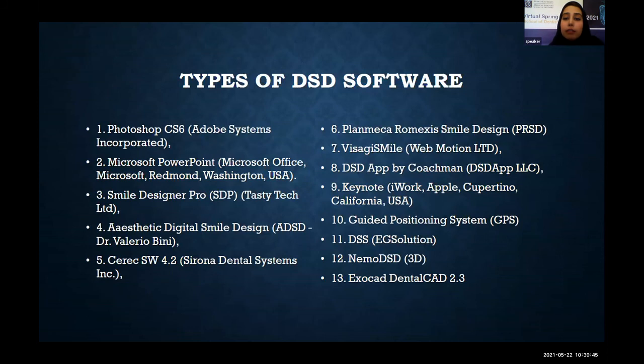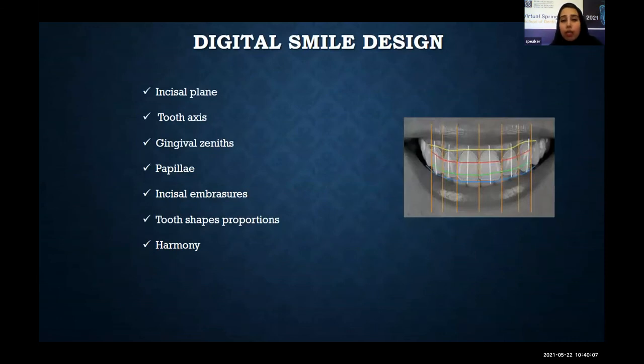You can see different DSD software here. Some of them are really accessible for everyone, like Photoshop and Microsoft PowerPoint, and the others are professional, and you can buy the module for your smile design. In digital smile designing, as in the conventional one, we should consider the principles.